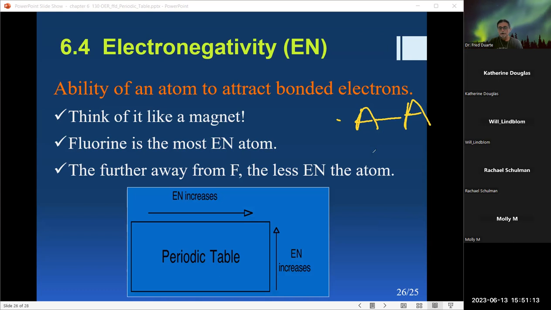And those two are being shared, as compared to, let's call this C with a plus charge and D with a negative charge.